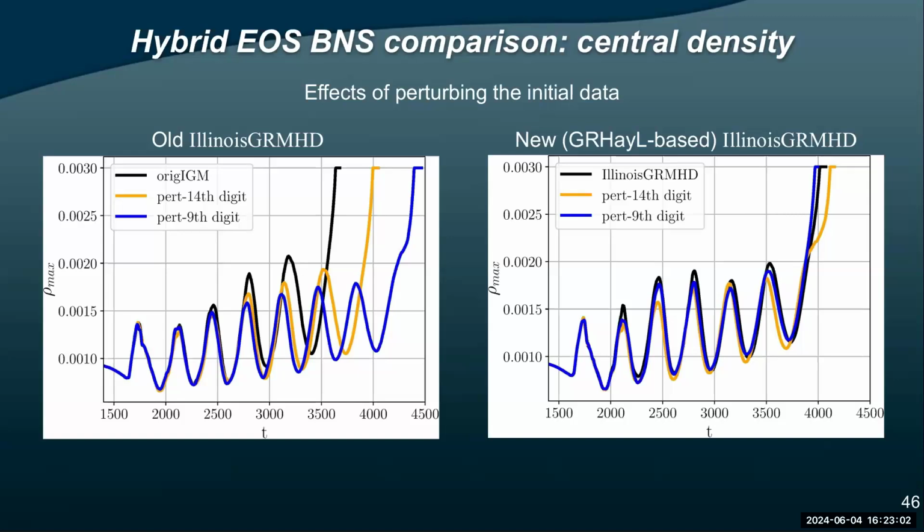Are there any questions online? Yeah, Peter. Okay, can you remind me again what this setup is? Yes, this is a binary neutron star with hybrid equation of state. I don't remember the exact details. We have a question. Can we simulate the accretion?